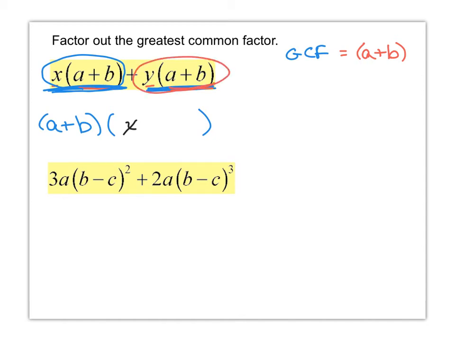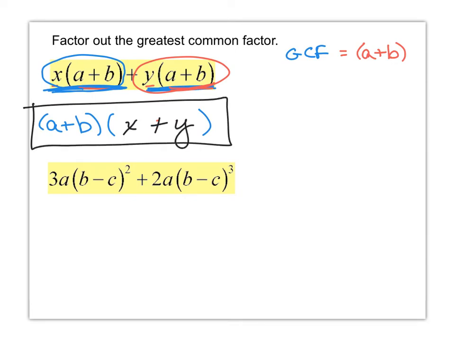Take an a plus b factor out of y times a plus b, and the a plus b's will divide out, and you'll be left with y. So in factored form, we have one factor of a plus b, and the other factor is x plus y. Let's look at this second example on the page.